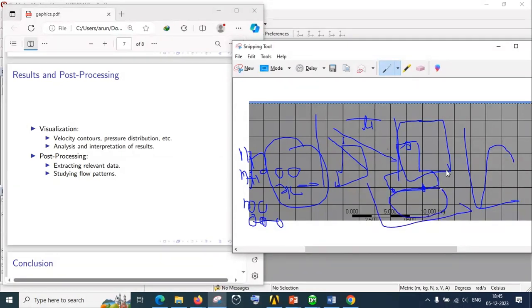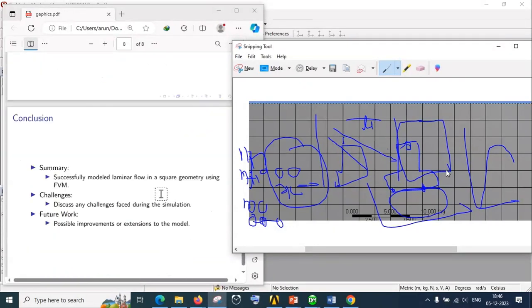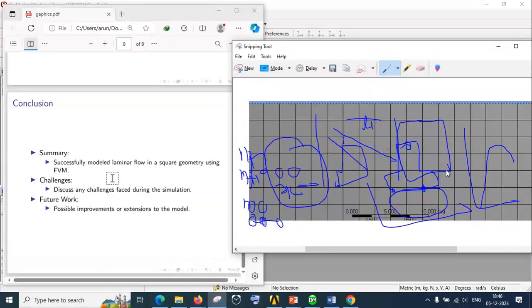As we discussed, after some time we see the effect on velocity in our Ansys Workbench.